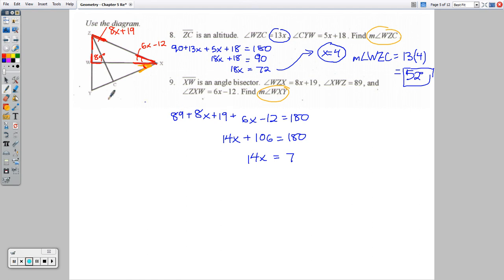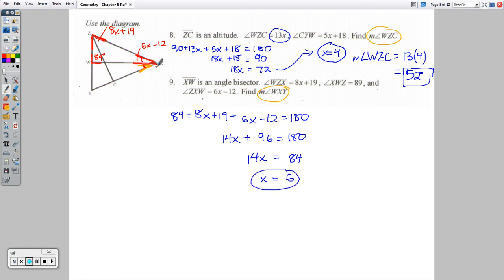This should have been not 106, but 96. 108 minus 12, that should be 96. My bad there. So 96, subtract 96, and you're left with 84. And if you divide both sides by 14, you're left with x equals 6.